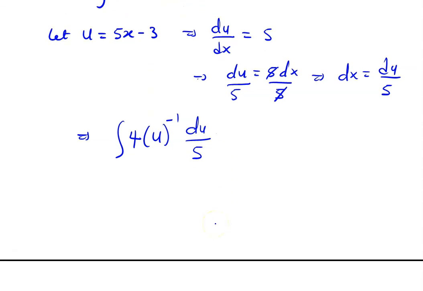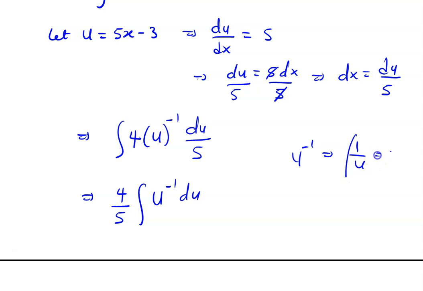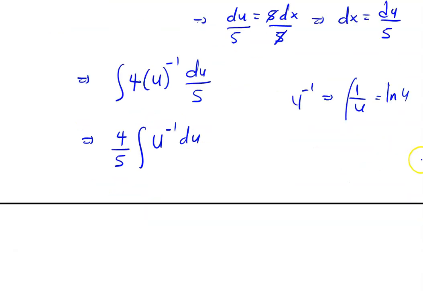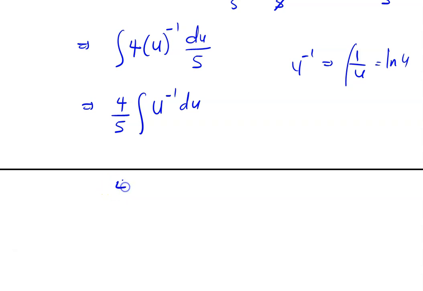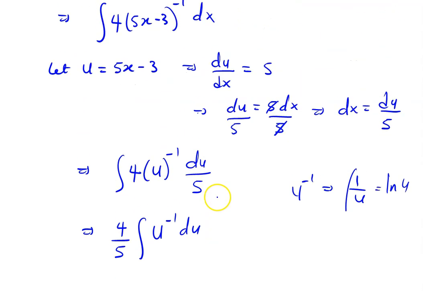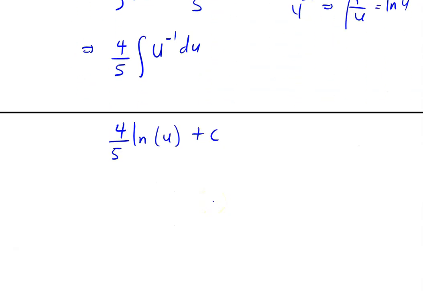So you can see from here, the constant term is 4 divided by 5, integration of u^(-1) du. And like usual, u^(-1) is the same as 1 on u, which when integrated gives me ln u. So at the end, I'm going to get 4 on 5 ln u + c. That's the constant. And what is u? u is 5x - 3.